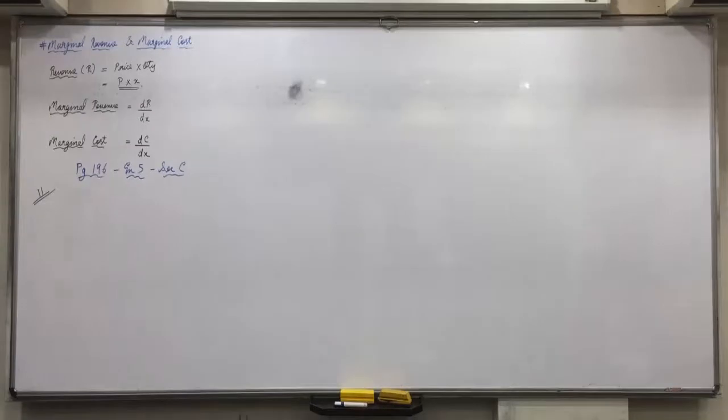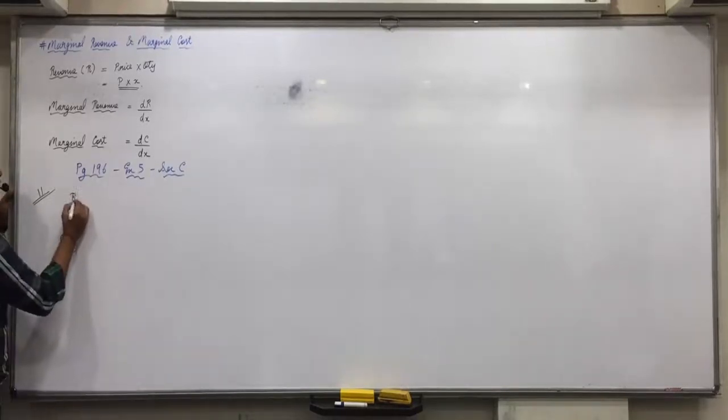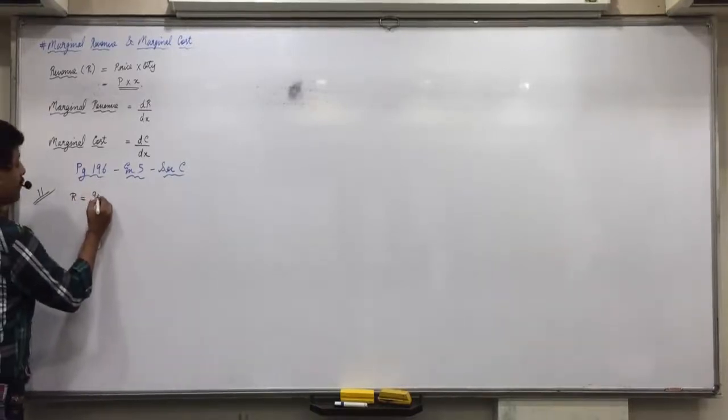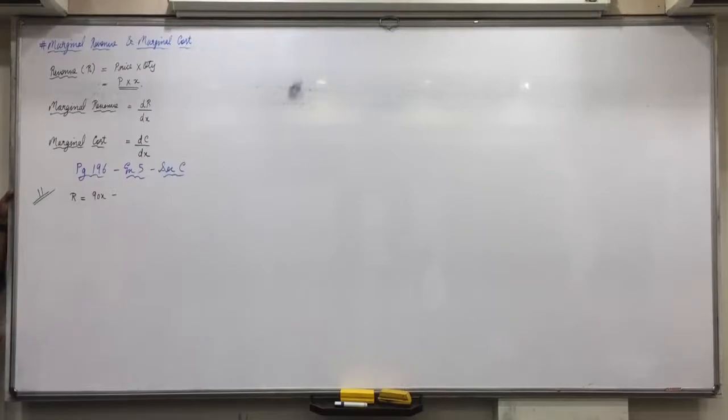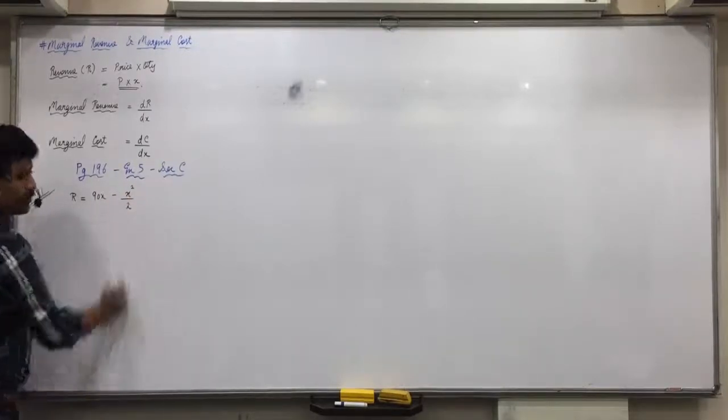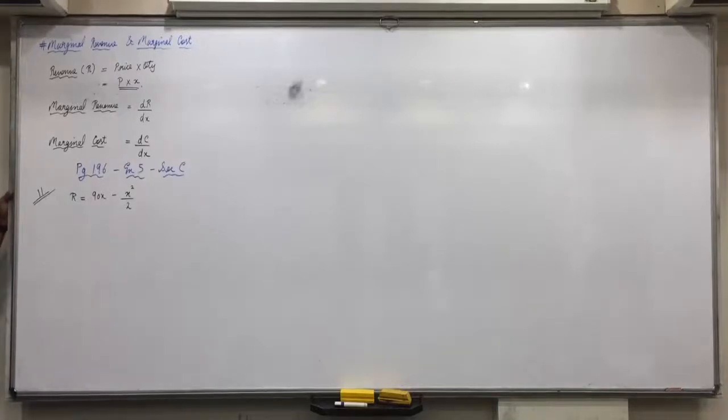Be attentive. Find marginal revenue if the revenue function is, now here the revenue function is directly given. Revenue function means R. R is given as 90x minus x square by 2. Is everyone clear with this?